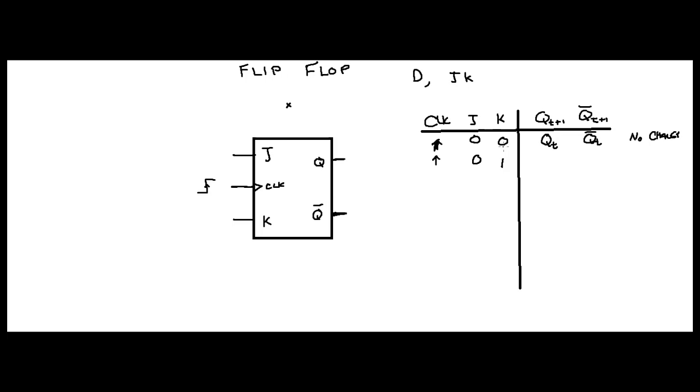Well, if K is 1 and J is 0, this is going to come out as Q bar is 1. Q is going to be 0. And this will be in reset, won't it? Got it? How about this one? What do you think that's going to be? 1, 0. That's going to be set. Got it?